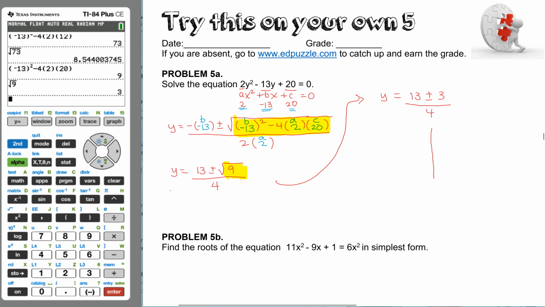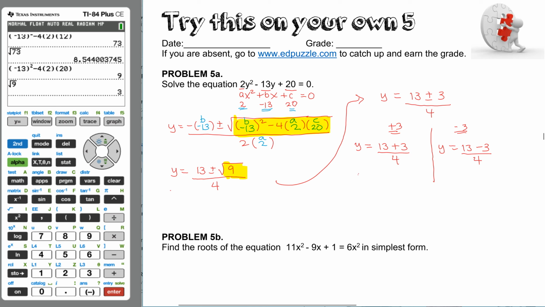So we can now split this into two solutions. I'm splitting the plus 3 and the minus 3. So we have here y equals 13 plus 3 divided by 4. The other one is 13 minus 3 divided by 4.